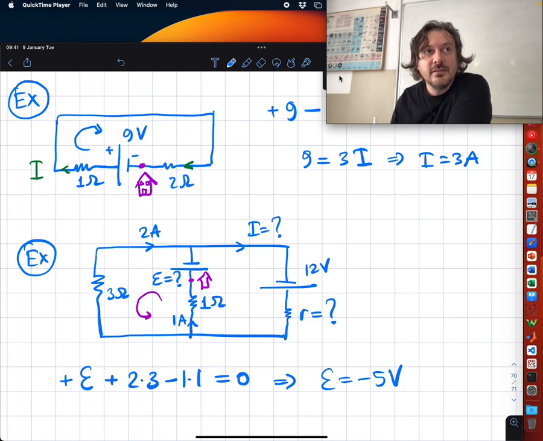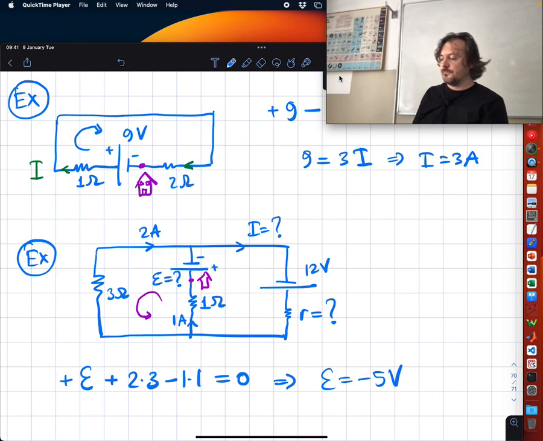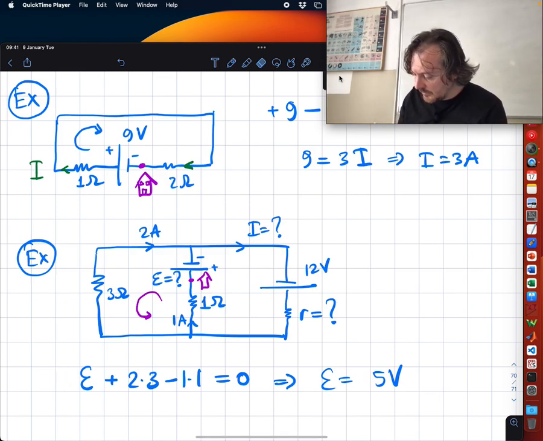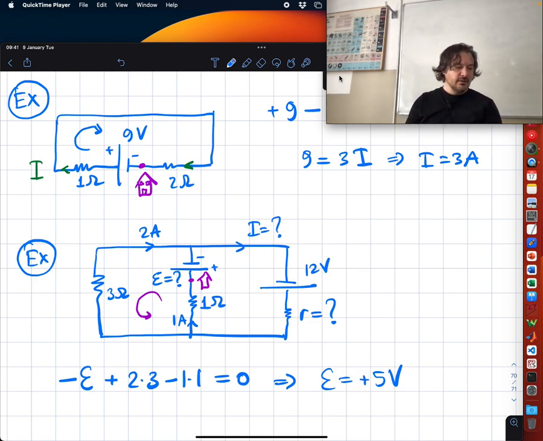Do you see? Yes? All right. So let me just rearrange this so that you are not confused at home. So this will start with a minus, and the rest is correct. Sorry about this.